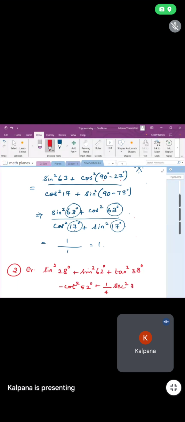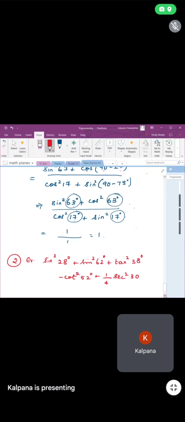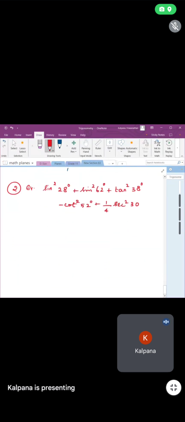We have to evaluate this. Now find out which are complementary. Which two numbers will give you 90?